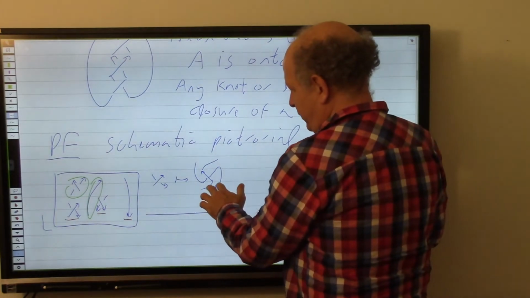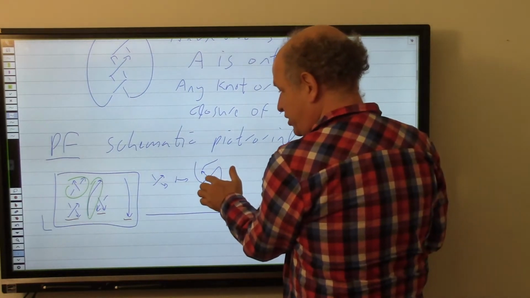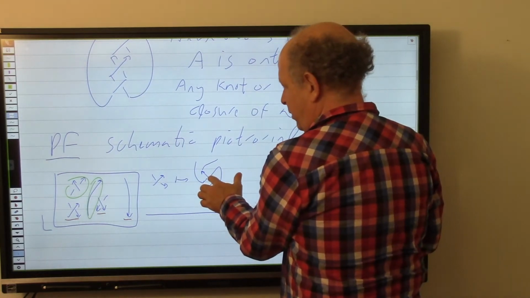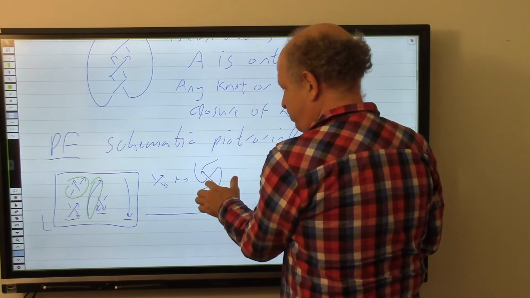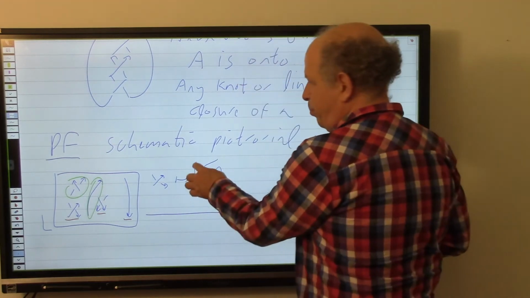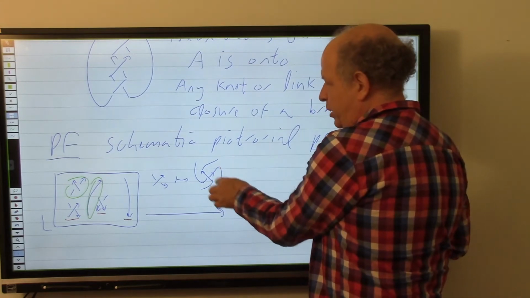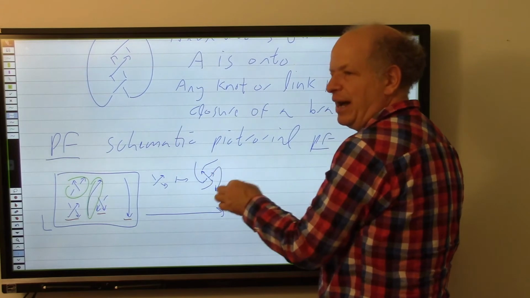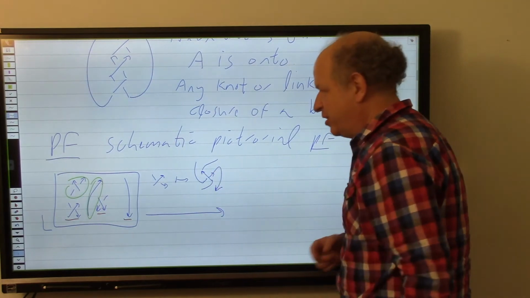But anyway, if you look at the crossing now, it's a crossing in which both strands point up, but the price we paid was that we created more pieces of strand that go down. Okay?